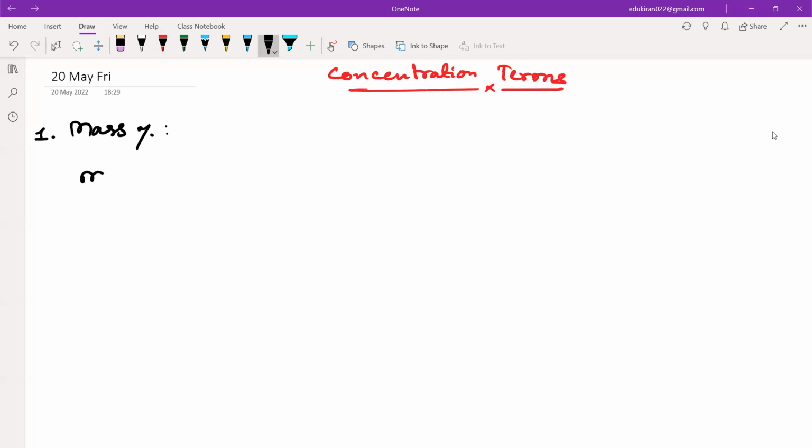You can calculate the mass percentage as, okay, let us at least write these down properly.